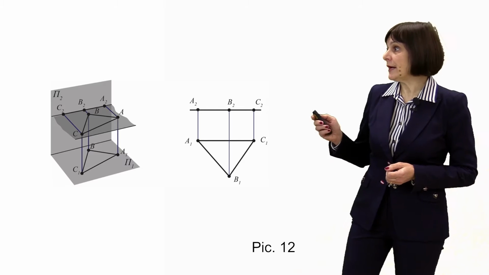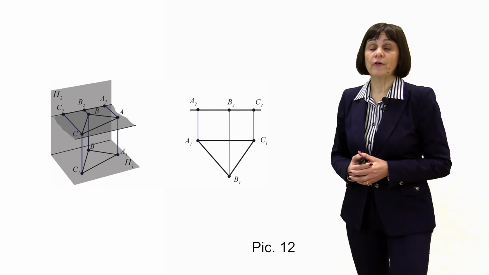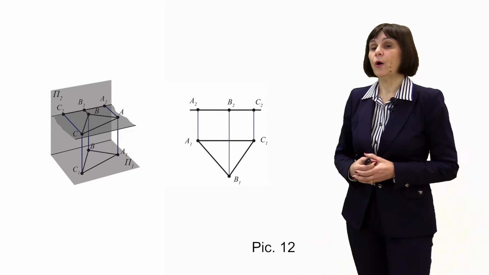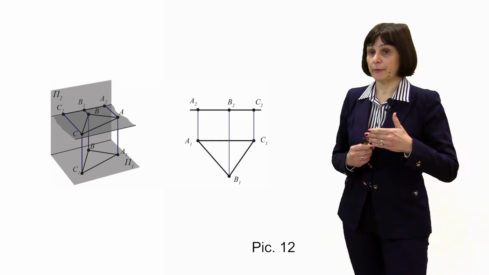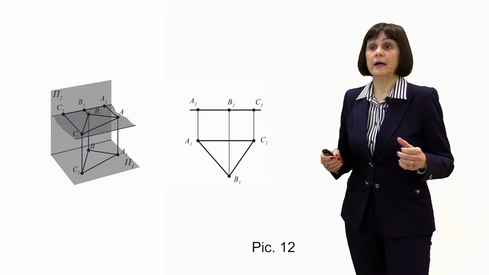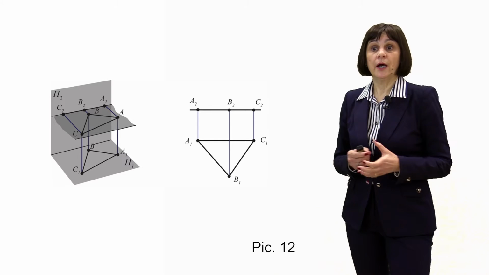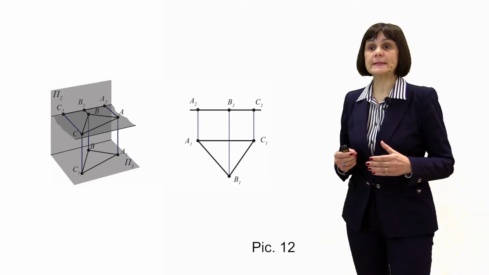On our right drawing, you can see the projections of this triangle on the horizontal projection plane and on the frontal projection plane. On the horizontal projection plane, we have triangle A1, B1, C1 in full size.